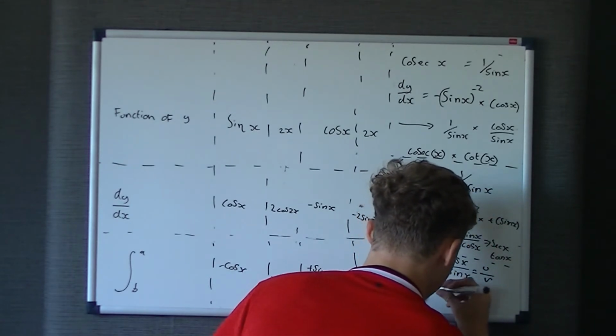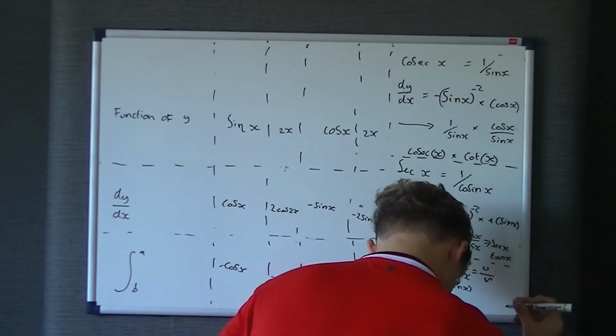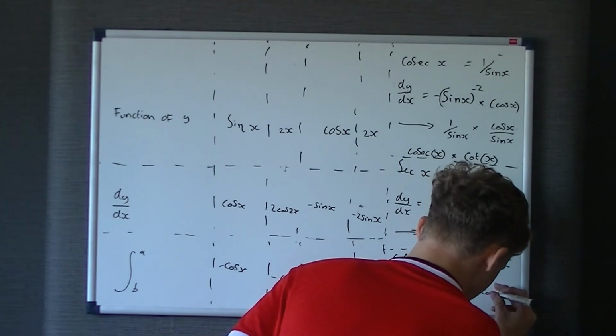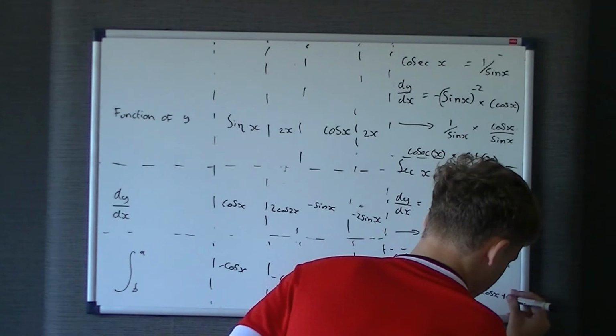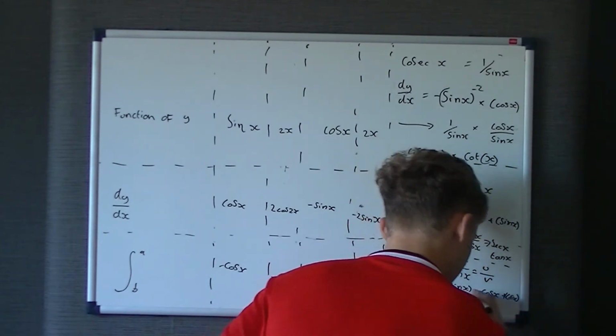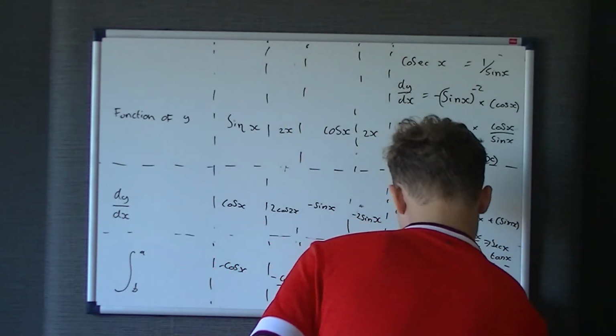Oh, sorry, we're taking that away from cos x times positive cos x, and we're doing that all over v squared, so sine squared x.